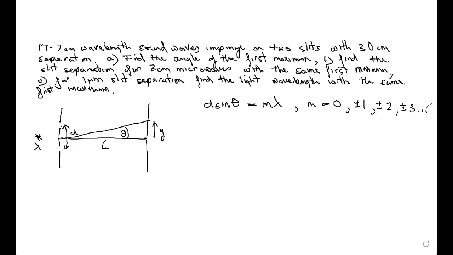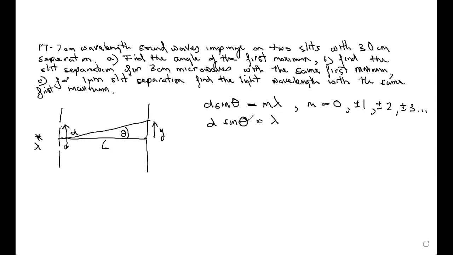Now, in this particular case, we're asked to think about the m equals 1 maximum. So the equation that we're going to go ahead and use is d sine theta equals lambda for the m equals 1 maximum, the direction of the m equals 1 maximum.